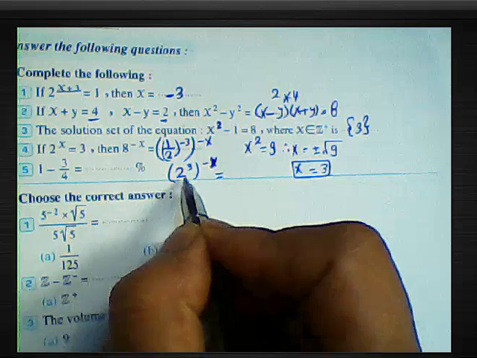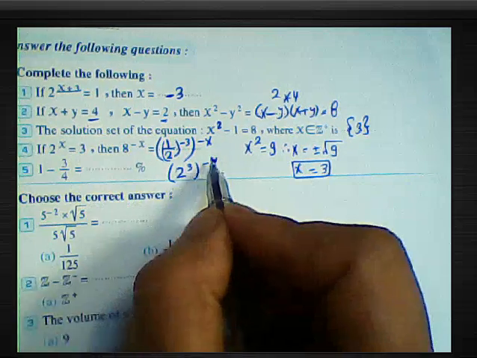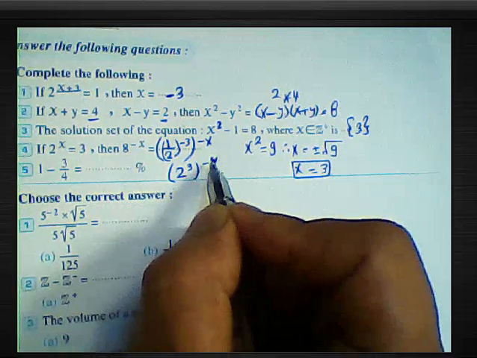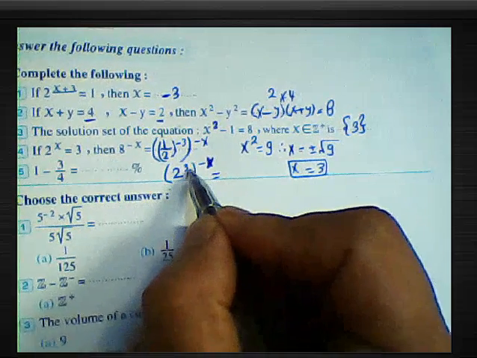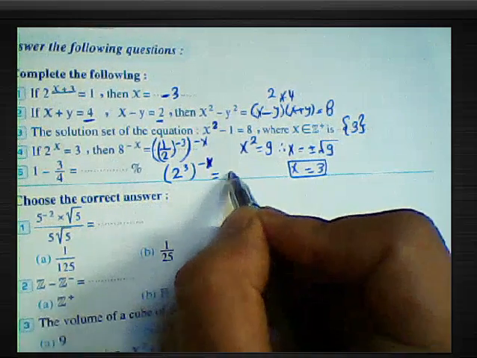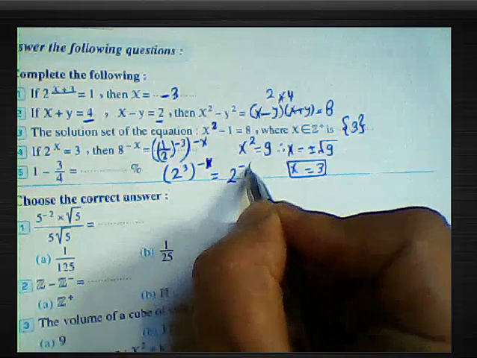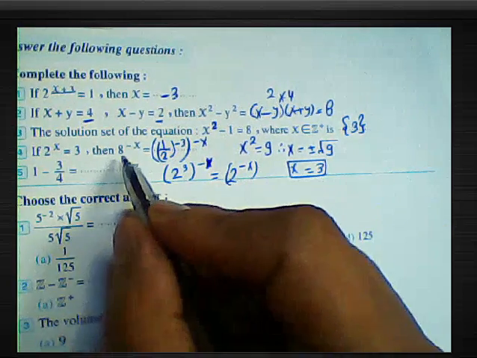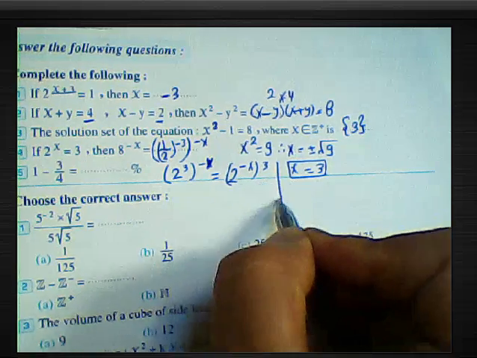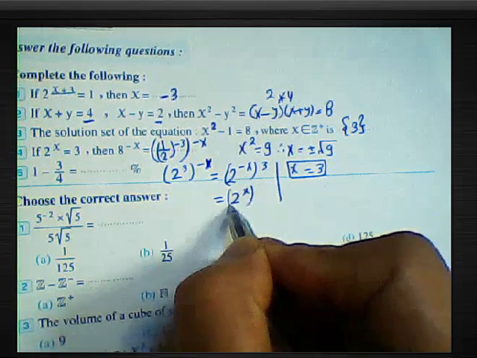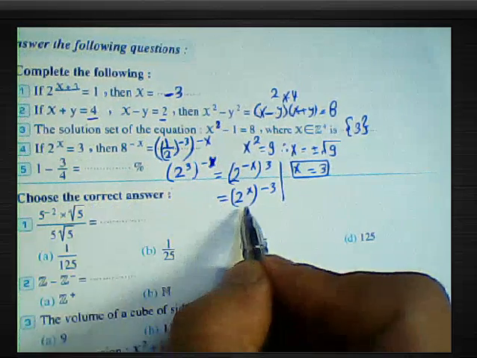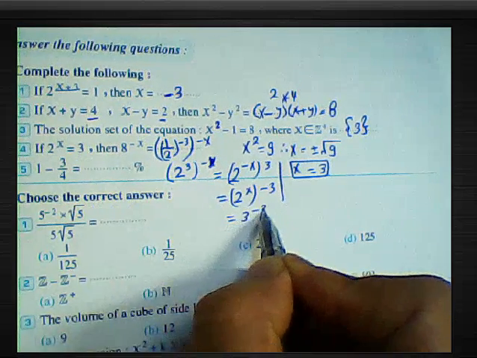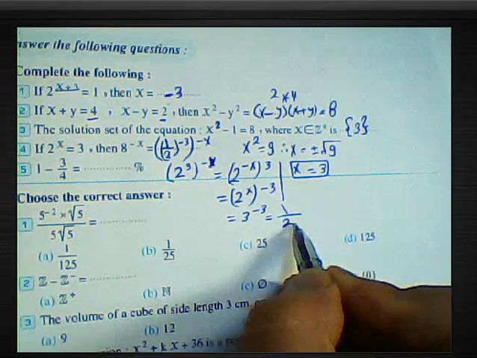We can write it as 2 power x all power negative 3. Since 2 power x equals 3, the result will be 3 power negative 3, which is 1 over 27.